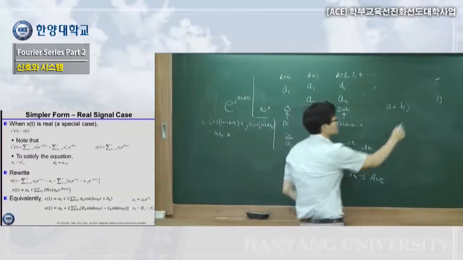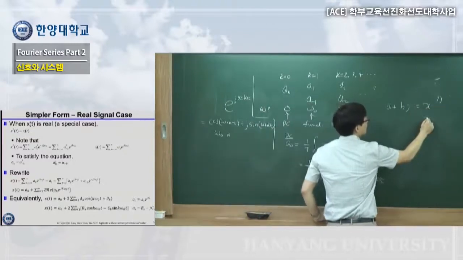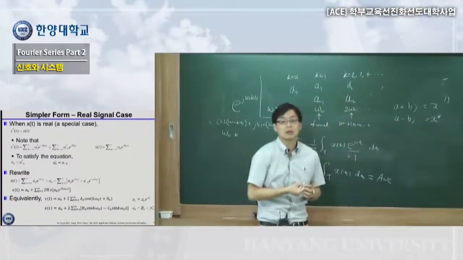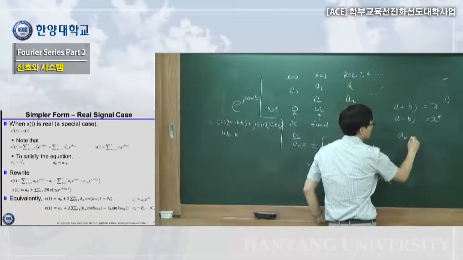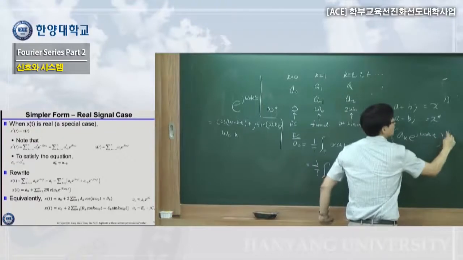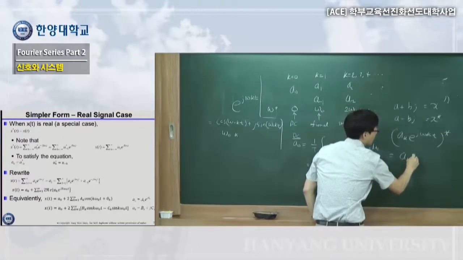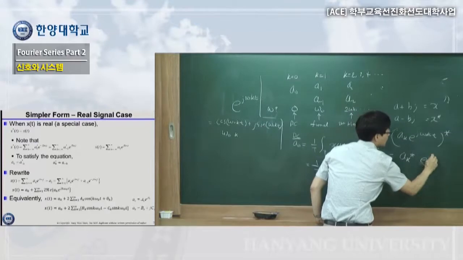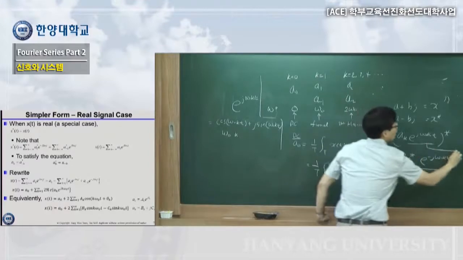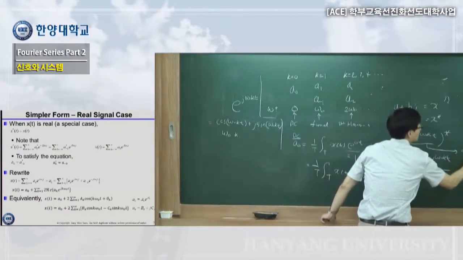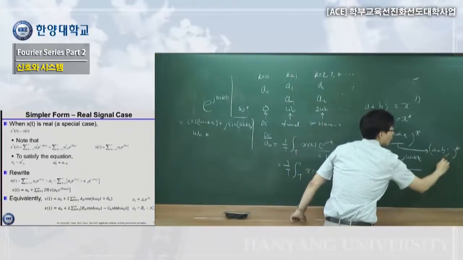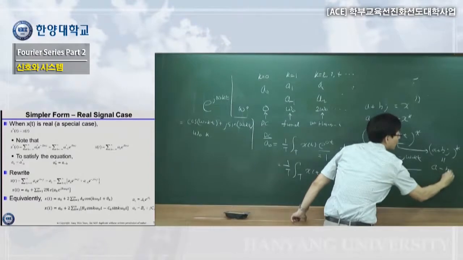You say this is x. The star of x will be a minus bj, right? So if you have ak e^(j omega 0 kt), if you take the star of it, there will be ak star times e^(minus j omega 0 kt), because in here this one is a plus bj, and its star looks like a minus bj.